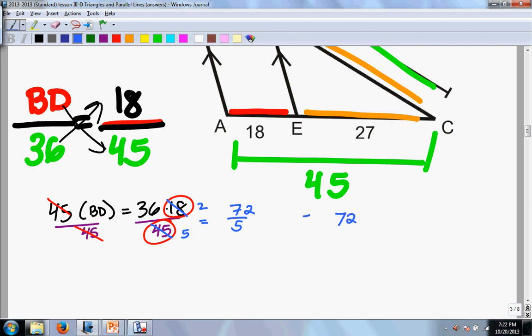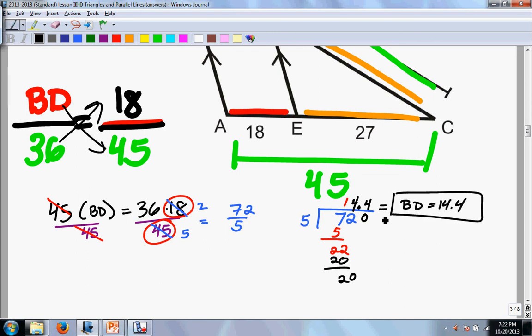So we have 72 and we have 5. 5 goes into 7 once. 2 left over. Bring down the 2. 5 goes into 22 4 times. That's 20. Bring down the 2. Decimal, decimal. 5 goes into 20, again, 4 times. So that means BD equals 14.4.